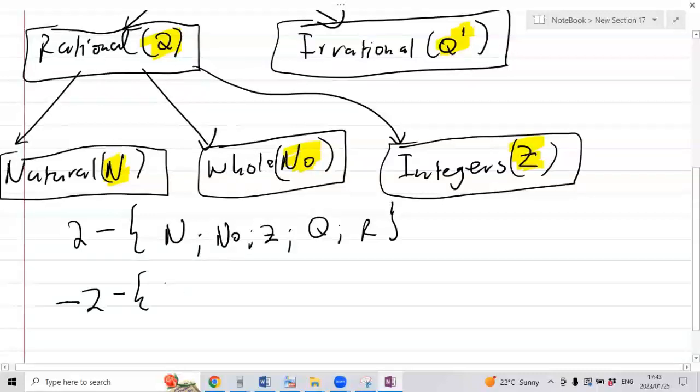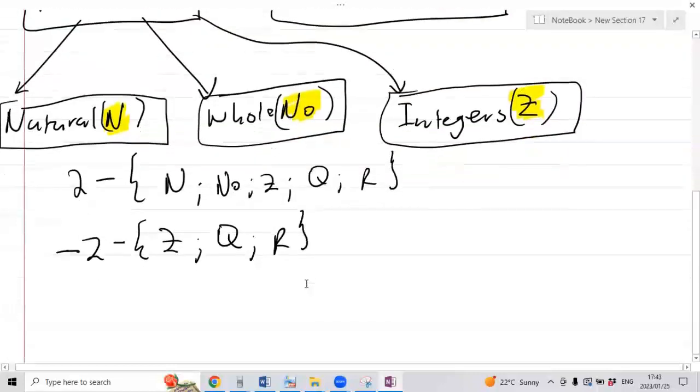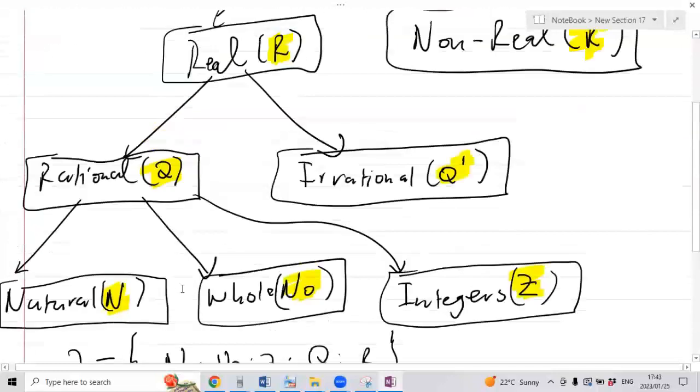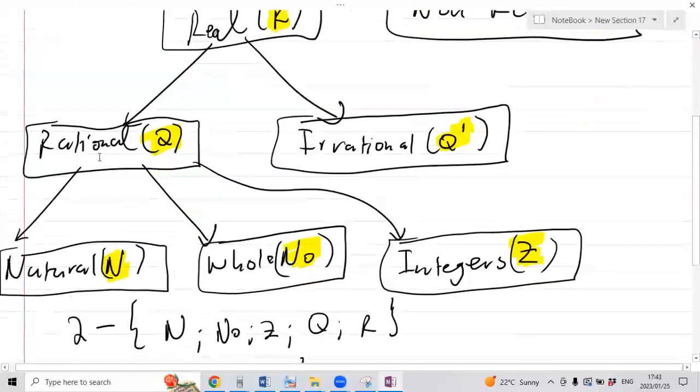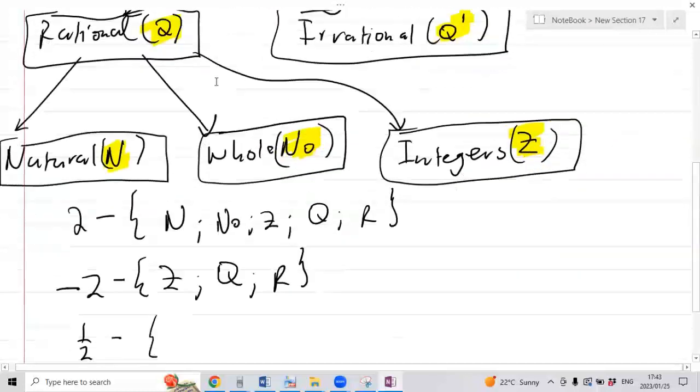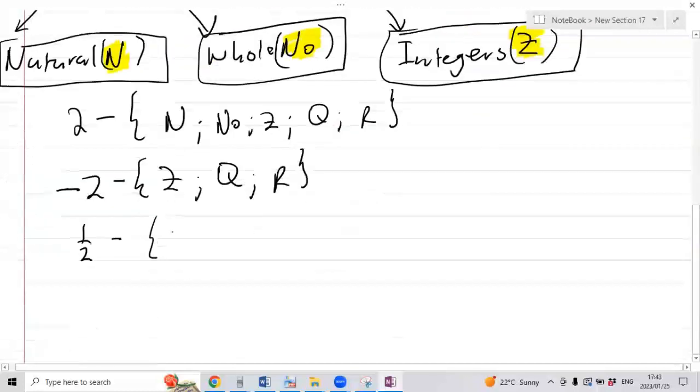Now minus 2 is only an integer. It's not a whole number, neither is it natural, but it's an integer, it's rational, and it will also be real. Let's say if I had a number like half. Now half would only be, remember, rational and real because it's a fraction. Rational is Q, and R is for real.